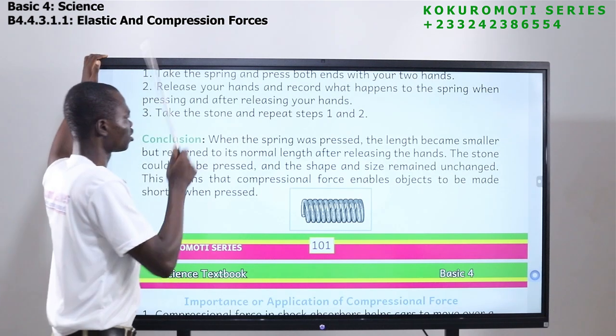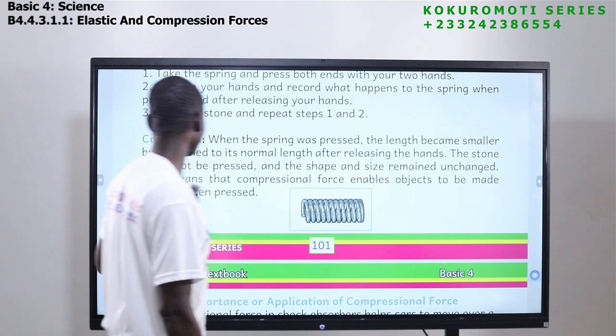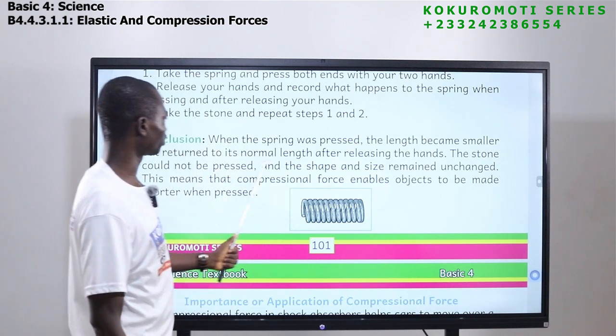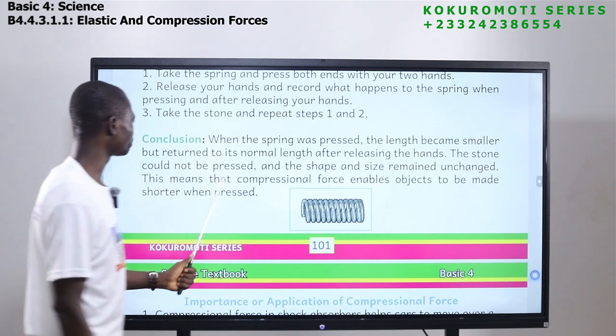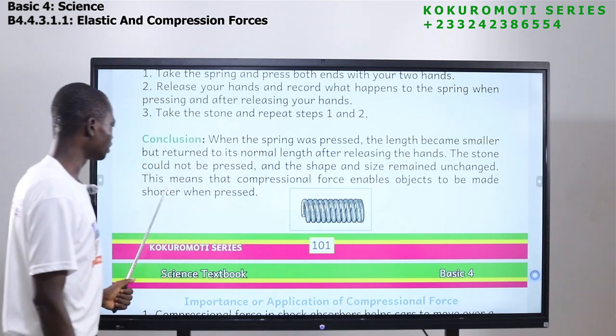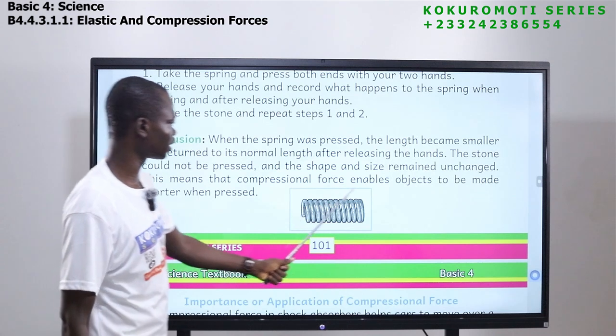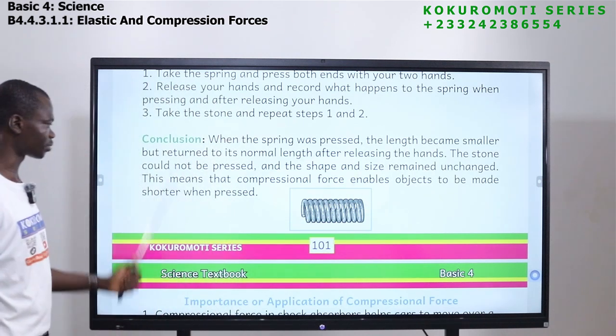In conclusion, when the spring was pressed, the length became smaller, but returned to its original length after releasing the hands. The stone could not be pressed, and the shape and the size remained unchanged. This means that compressional force enables objects to be made shorter when pressed.